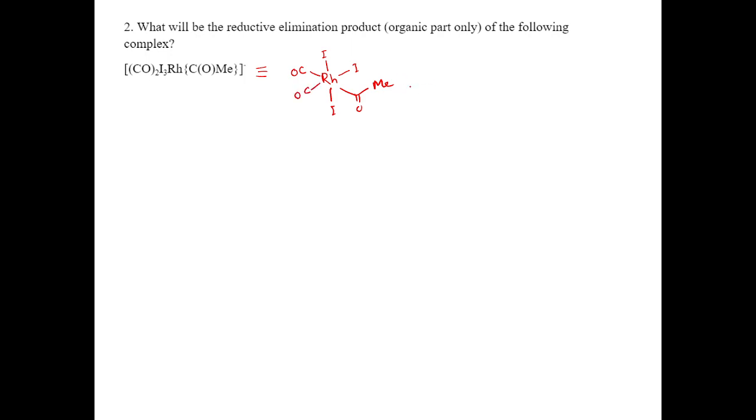If it undergoes reductive elimination, either this or this can do the reductive elimination with this, because it can go out. Otherwise, this CO or other ligand cannot go out from the metal complex.